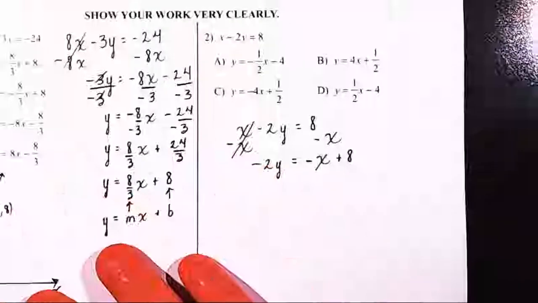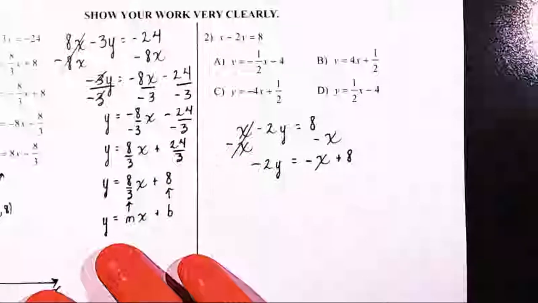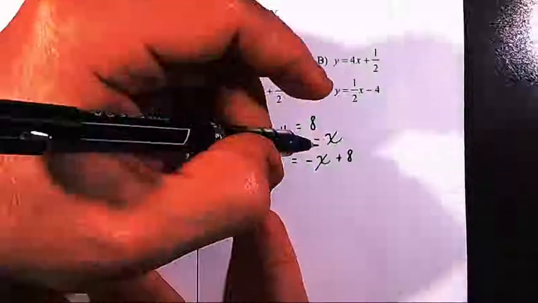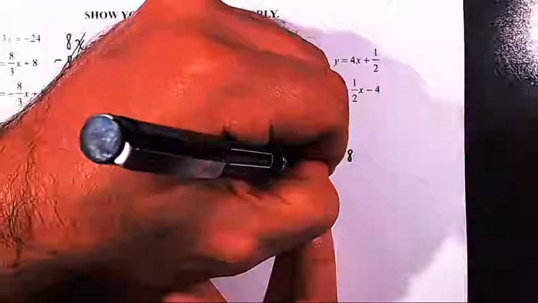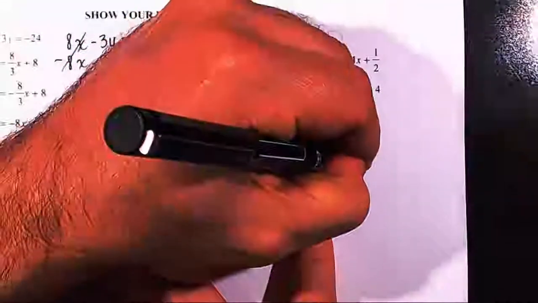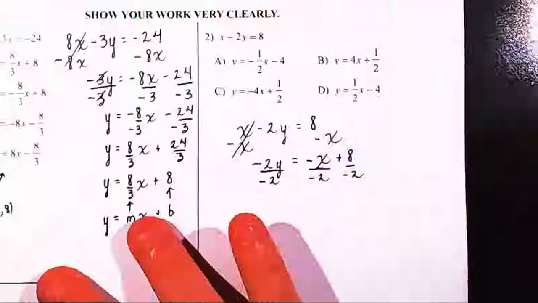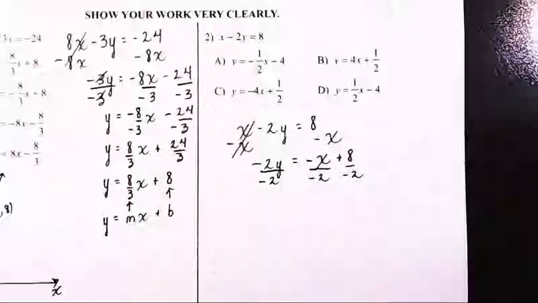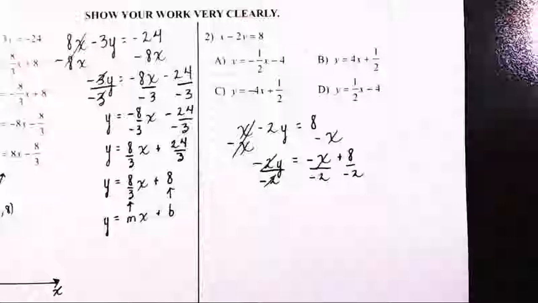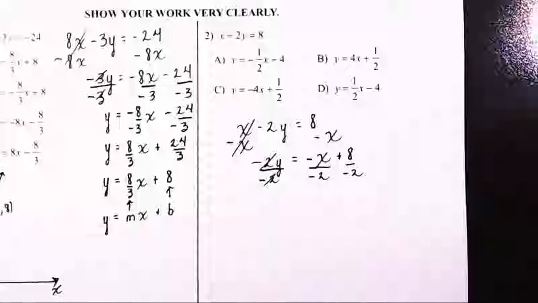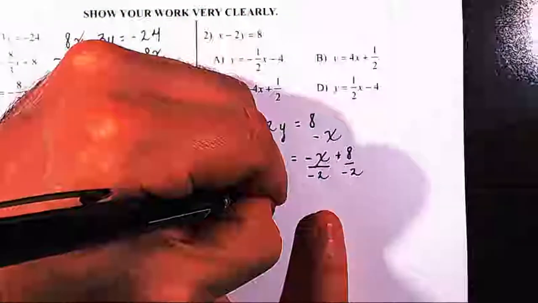Right now, it's bonded to the y on the left side by multiplication. So I'll do the opposite of that, which is division. So I'll divide each term by negative 2. On the left side, the negative 2's cancel, and I will now rewrite my equation.